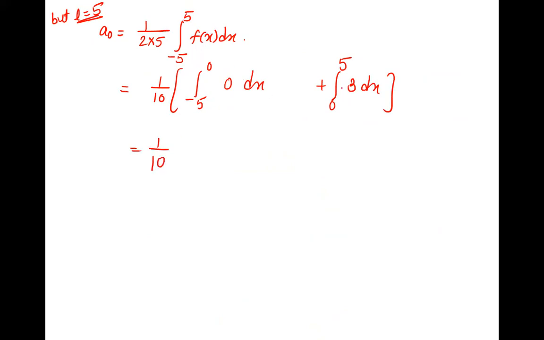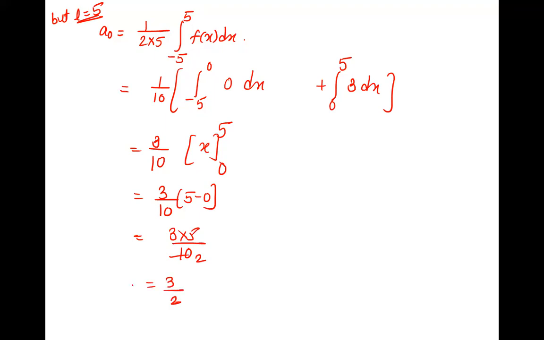Here 3 is constant, comes out, and we take the integration of dx, which is x, from 0 to 5. So 3 by 10 into 5 minus 0, so it is 3 into 5 by 10. Is it 3 by 2? Yes. So your A naught is 3 by 2.